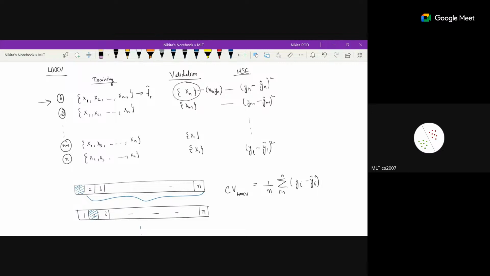Or in place of this, I can just write the mean square error of all the data points, (yi minus yi hat) square.